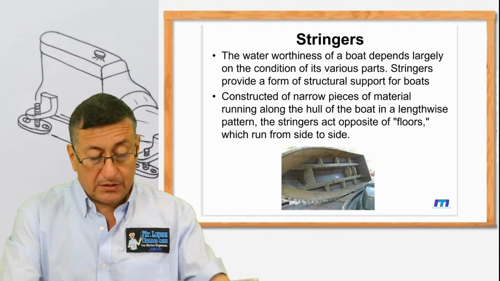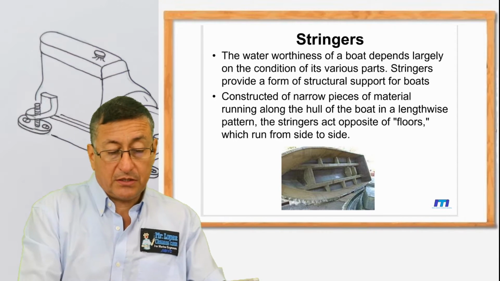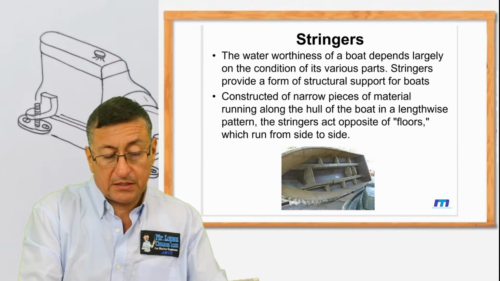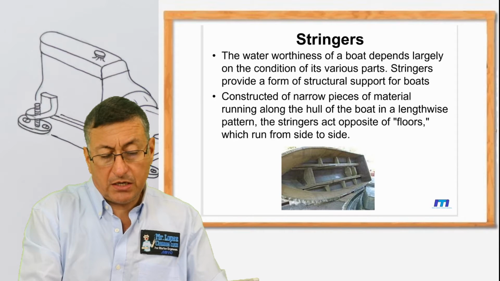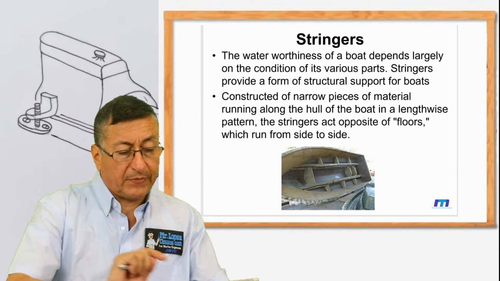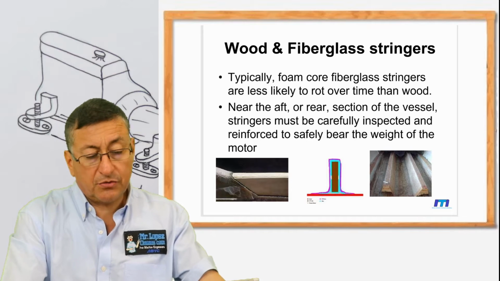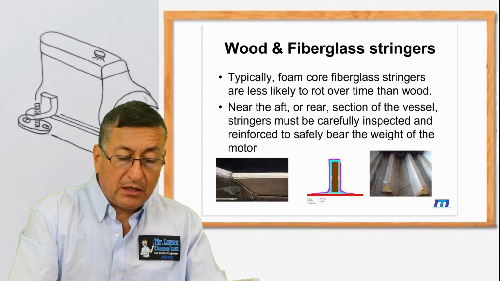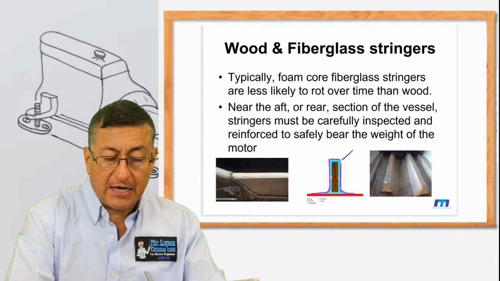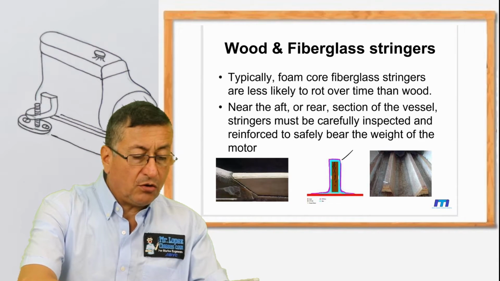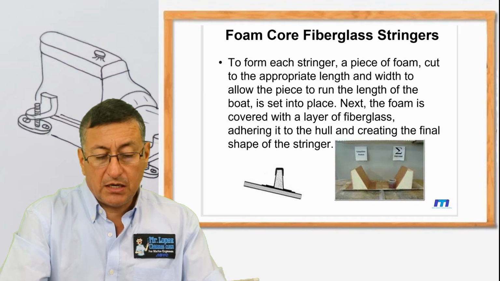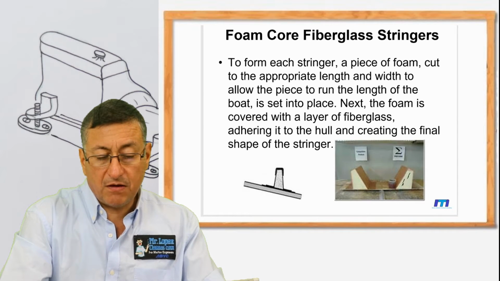Yes, this is the typical situation when the stringers are replaced. Those are the stringers, and there are stringers with wood inside, covered with fiberglass. Or there are other types of stringers with foam. This is the foam.